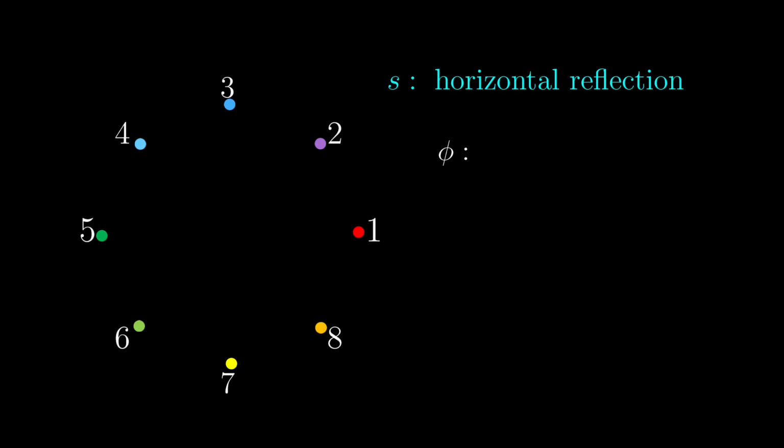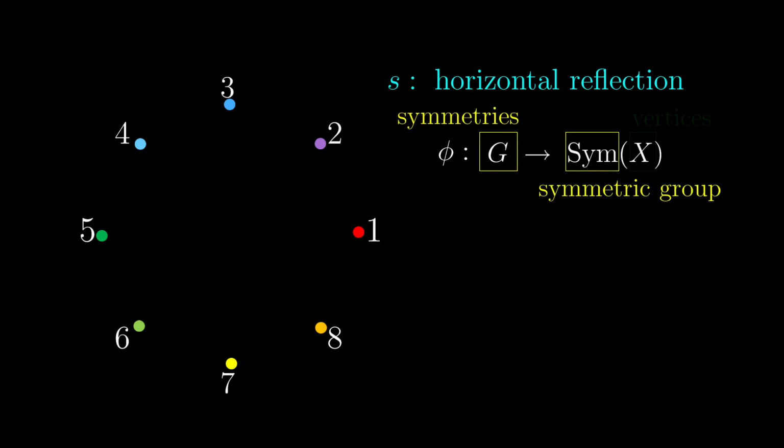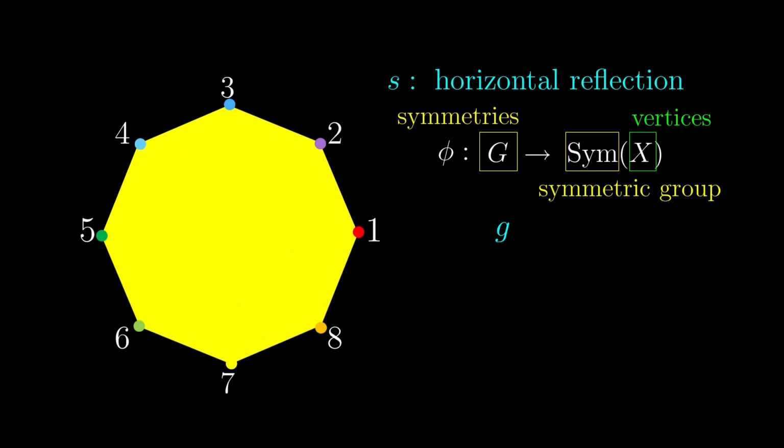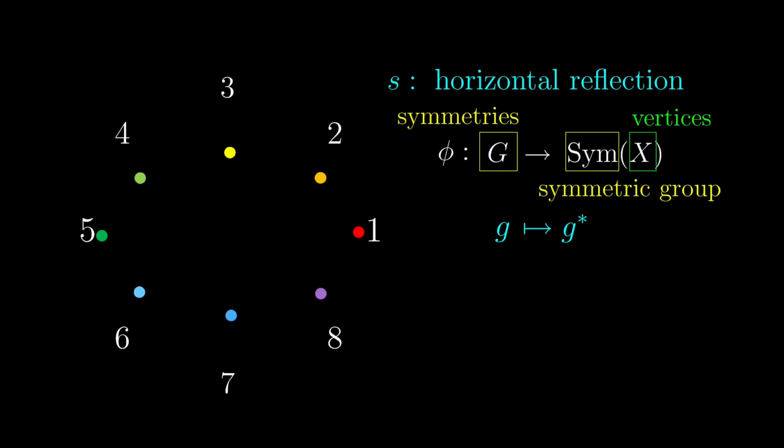This correspondence is more formally constructed as a function, say phi. This function sends an element from the group of symmetries to something from the symmetric group of the set of vertices. It looks complicated, but what this function does is simply sending any symmetry g, say a horizontal reflection in this illustration, to the corresponding permutation, which we just abbreviate as g star.